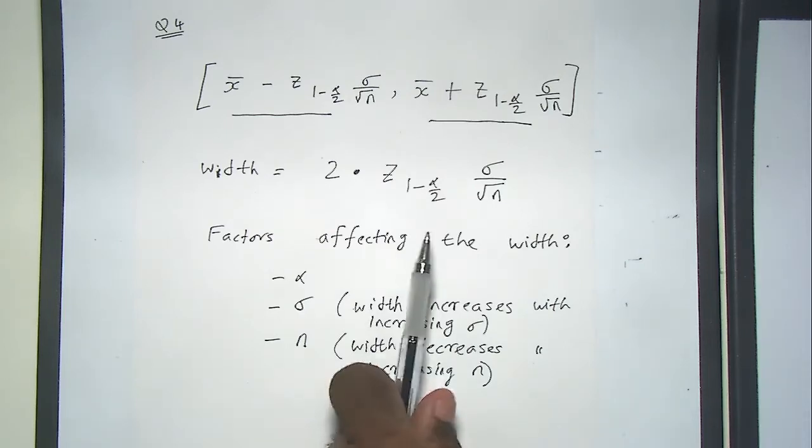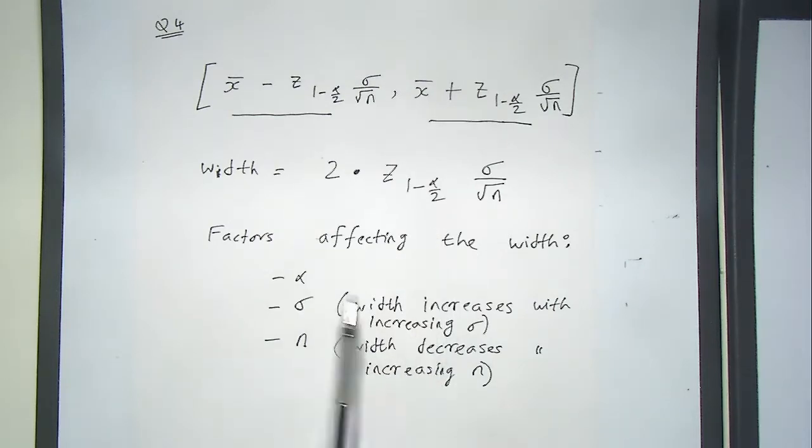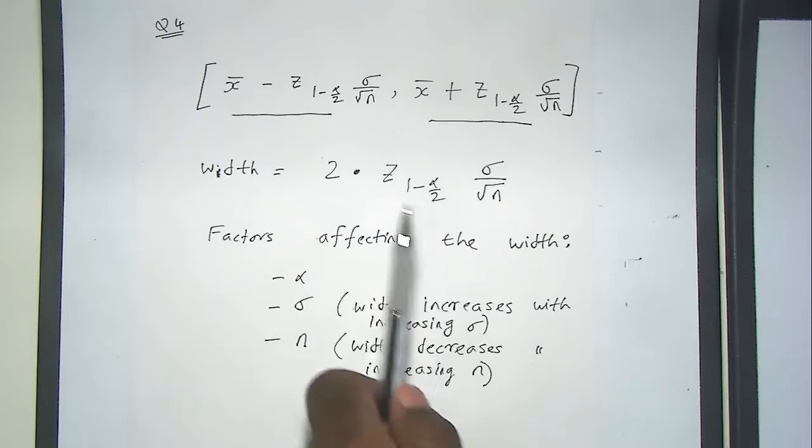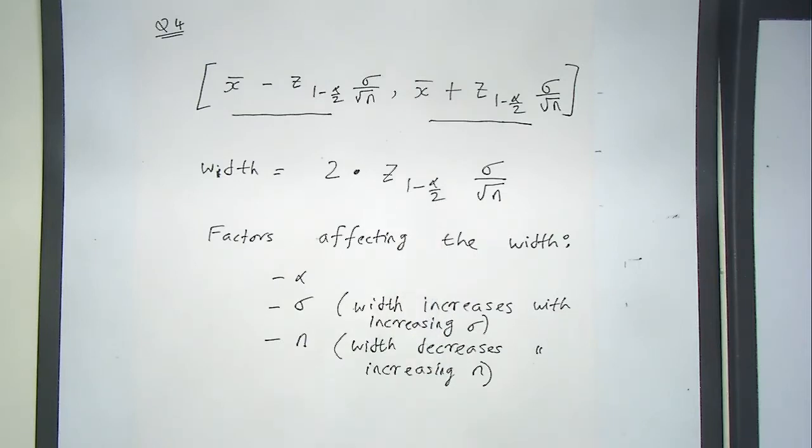with respect to alpha also, as alpha increases, 1 minus alpha by 2 will decrease, right?